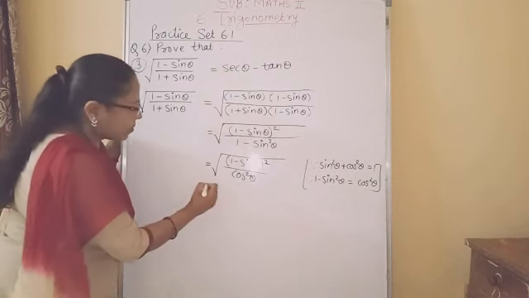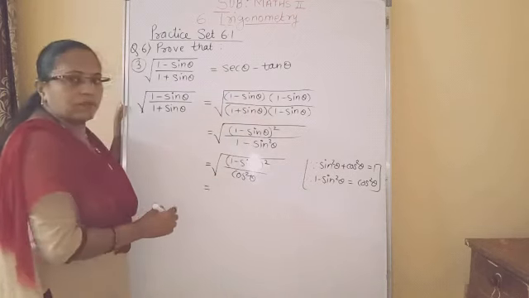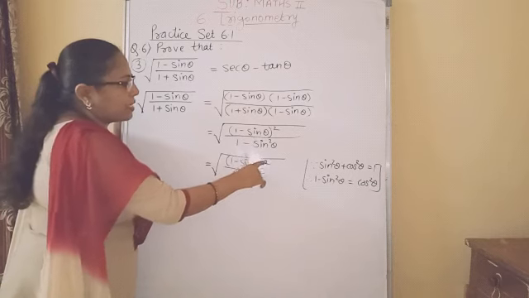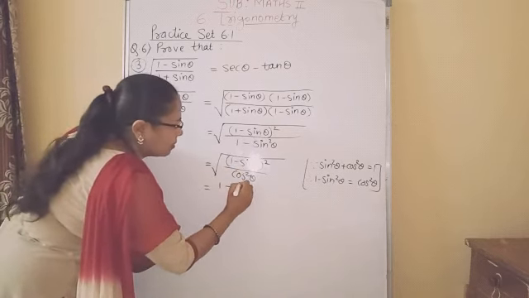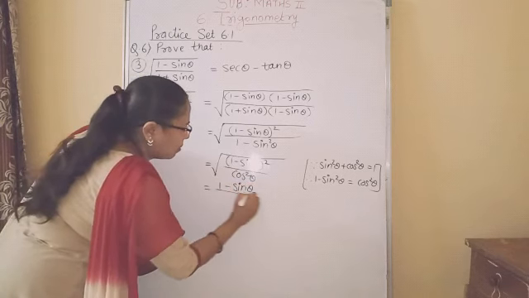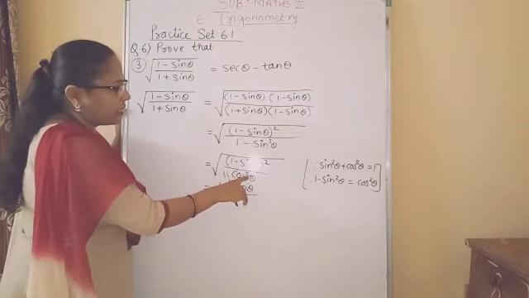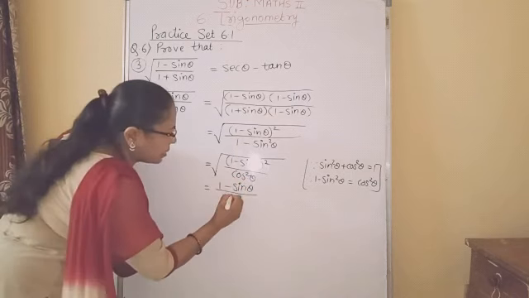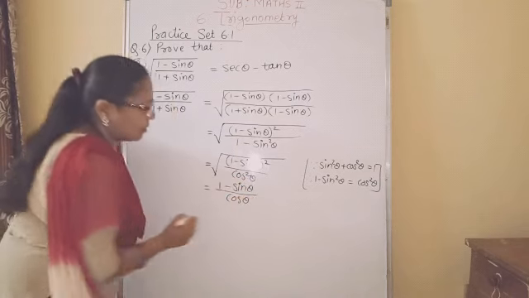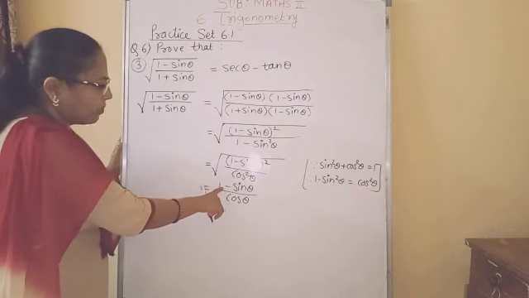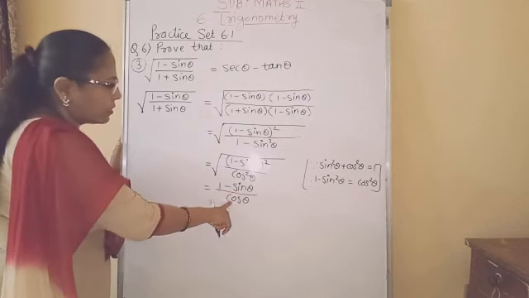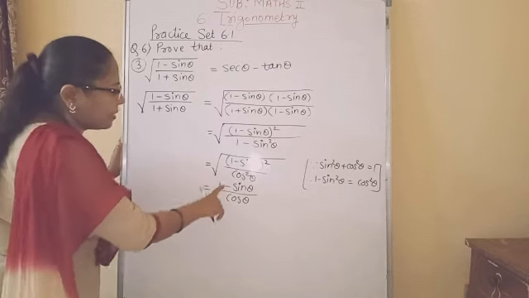Follow this? Now we will take out the square root. 1 minus sin theta bracket square, so this square gets removed. We will get 1 minus sin theta upon, square root of cos square theta is cos theta. Understood? Now here we have subtraction, 1 minus sin theta upon cos theta. So we will separate this subtraction.